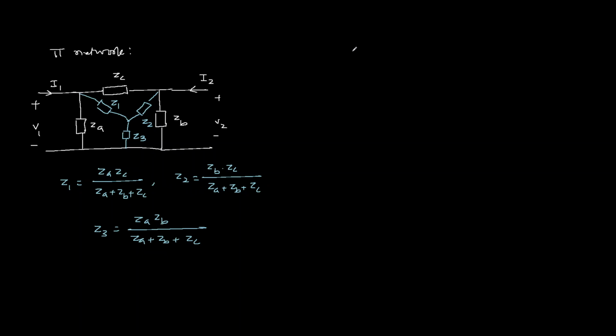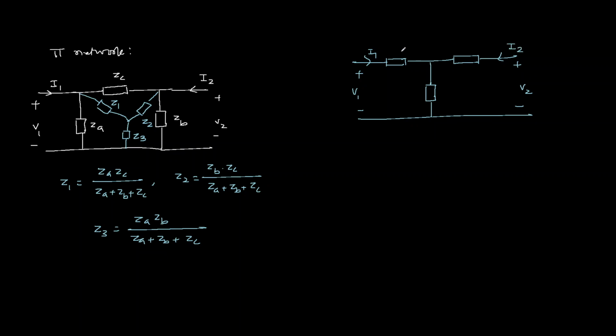So now we can redraw this circuit. The pi network is converted into a T network through delta to star conversion. This one is Z1, Z2 and Z3.